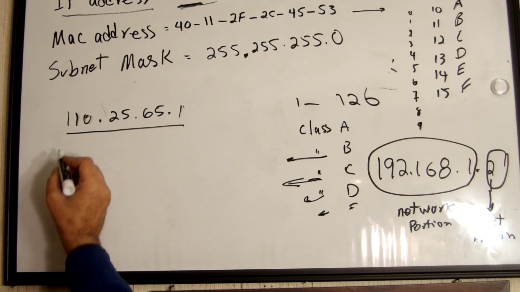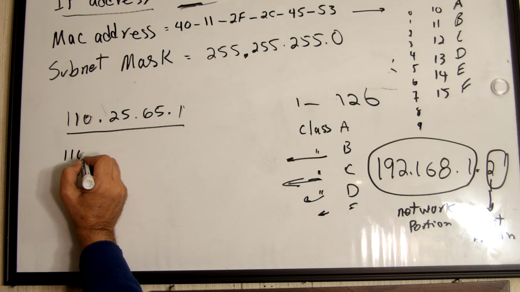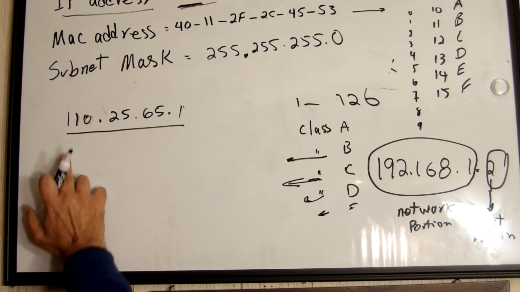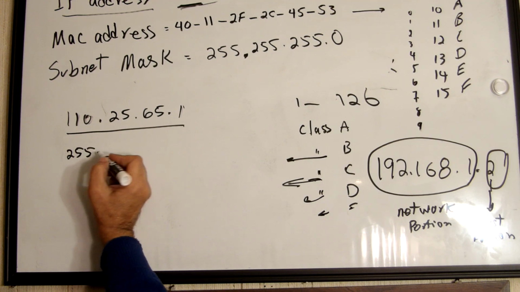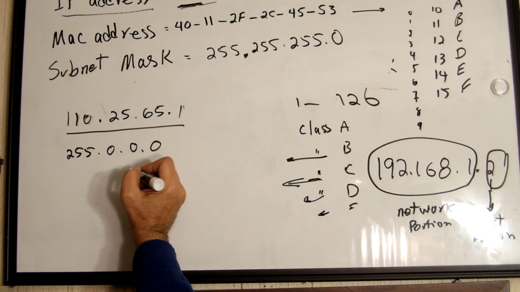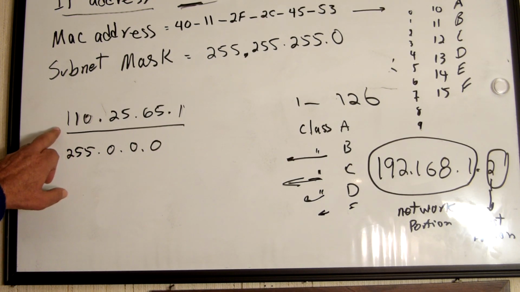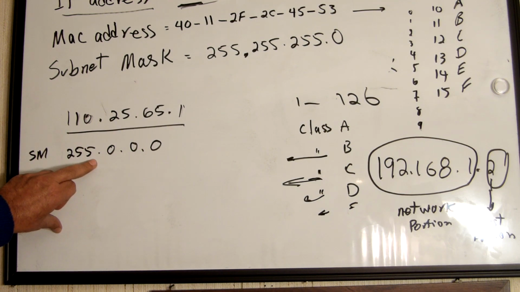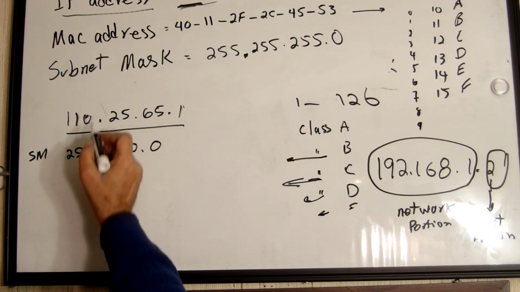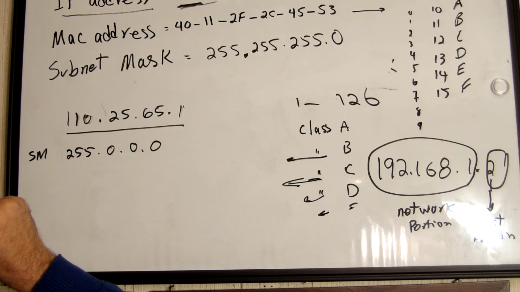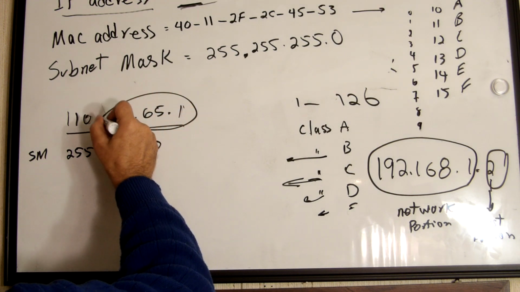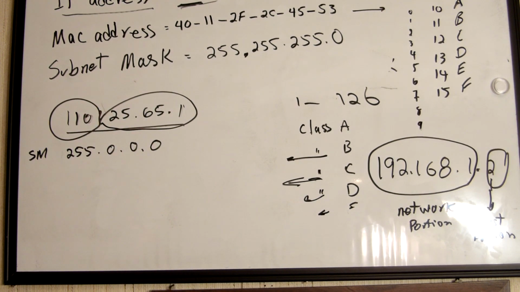Class A has the subnet mask 255.0.0.0. We talked about how, from the IP address, we can find out the host portion and the network portion.